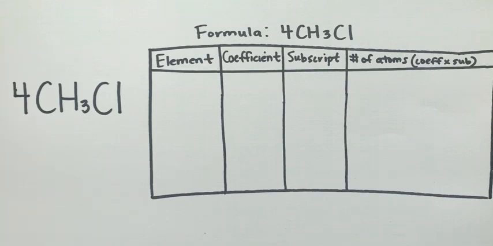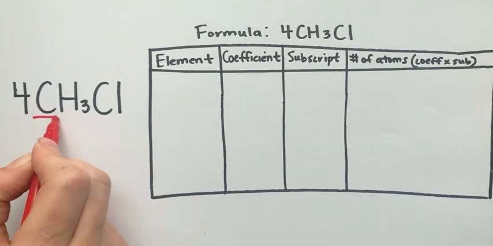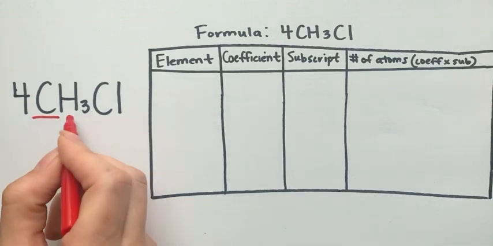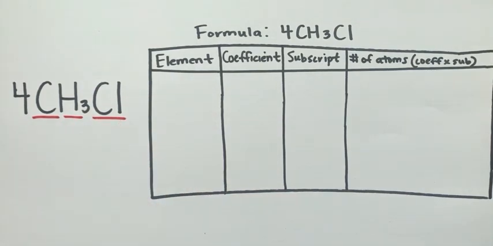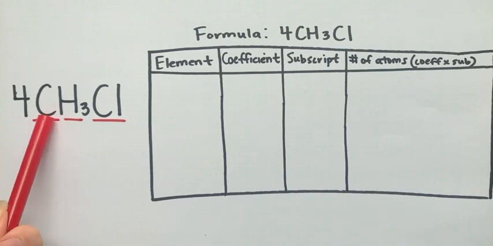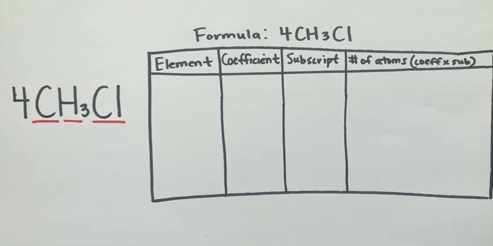So if we look here, I can see that I have capital C, I have a capital H, and I have a Cl. For some of these, you may recognize them right off the bat, but if not, it's always nice to have your periodic table handy so that you can recognize what that atomic symbol stands for.